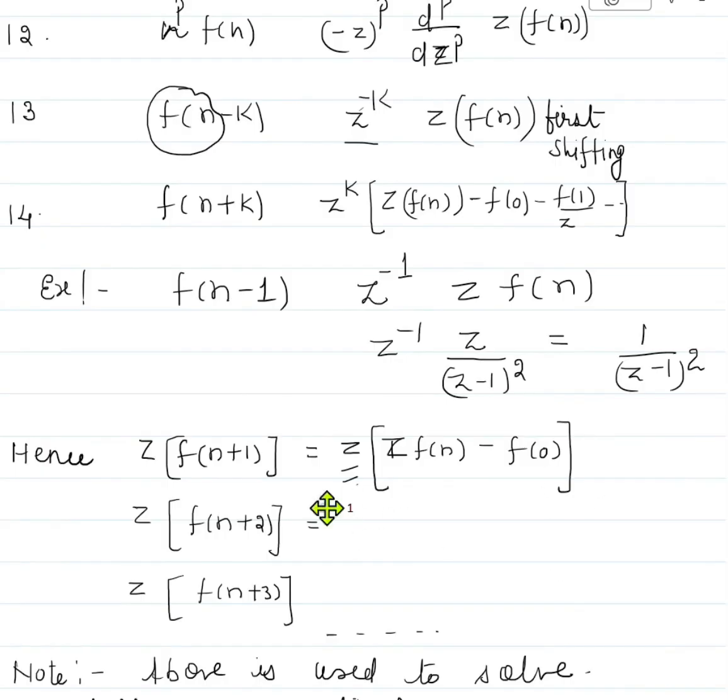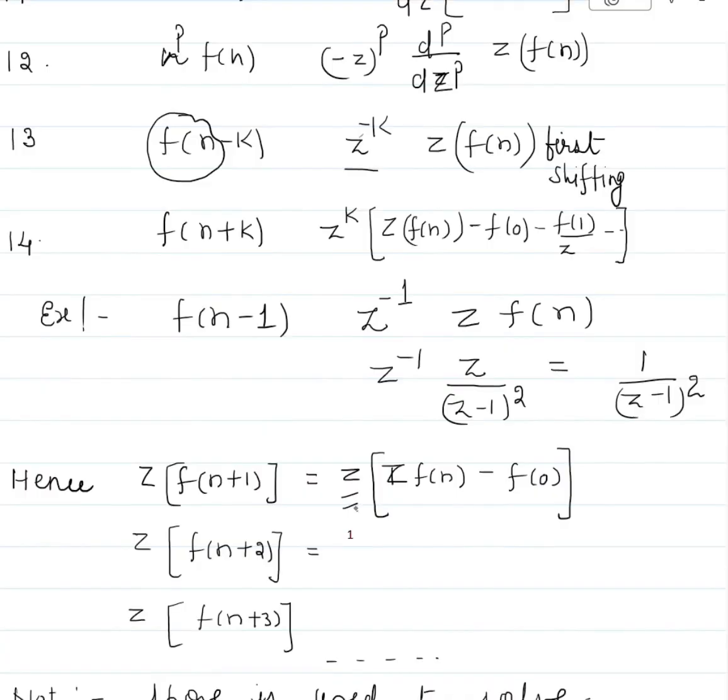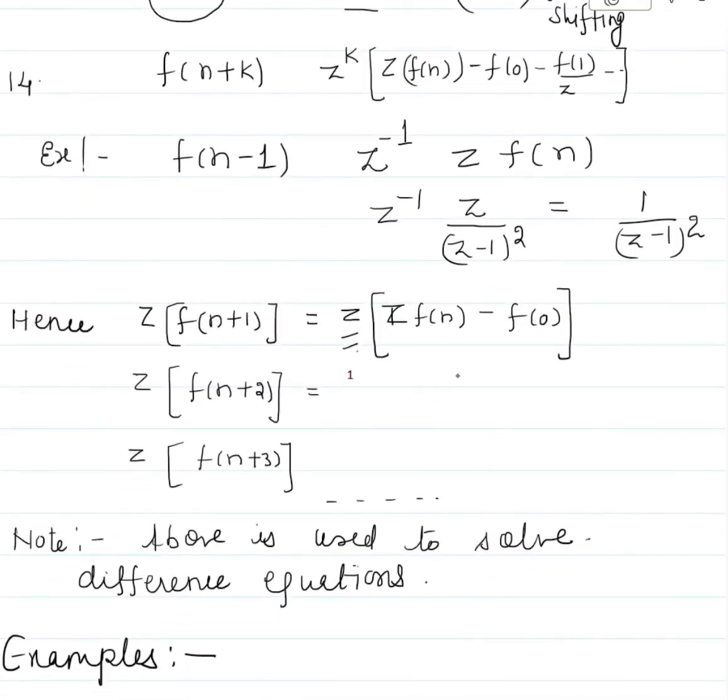The value will be z square, and we will write the z transform of the function, F of z minus f of 0 minus f of 1 upon z. If the value is up to 2, you will write this z transform formula.